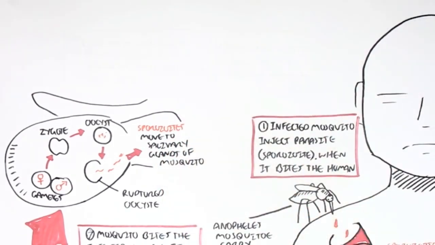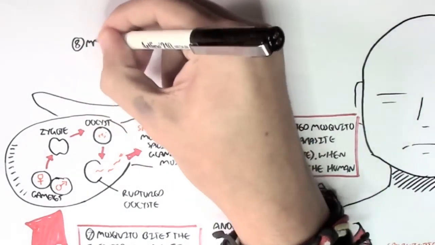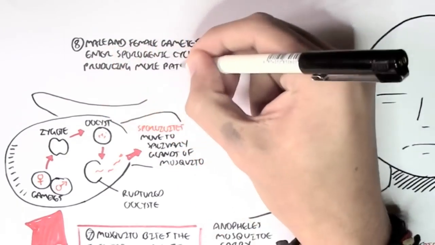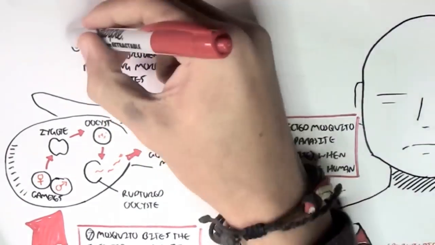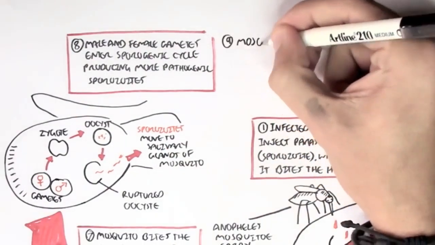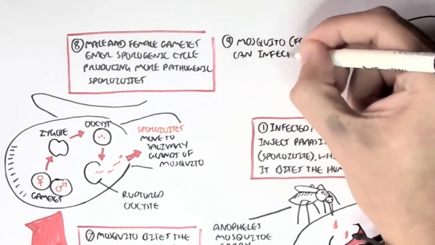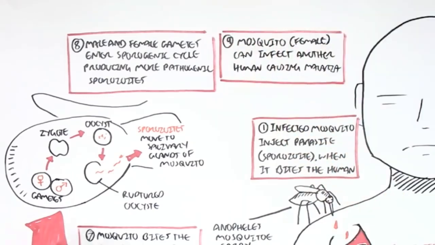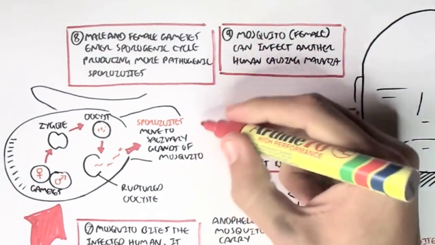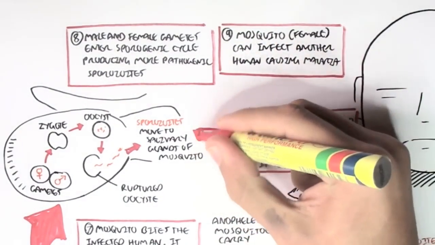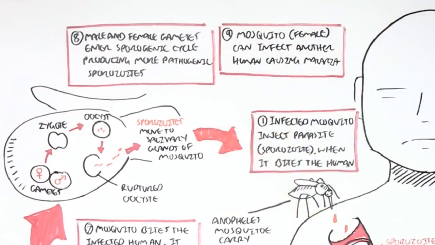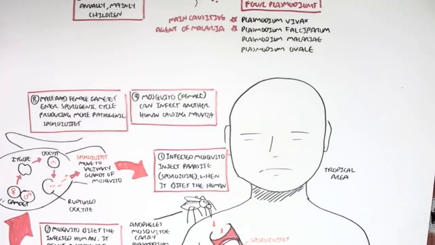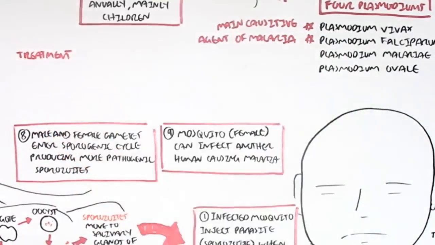So the male and female gametes enter the sporogenic cycle, producing more pathogenic sporozoites. The mosquito, in this case a female, can then bite another human and infect it, causing malaria. And this cycle will continue. The infected Anopheles mosquito can then inject the parasite sporozoite into another human being, causing malaria.